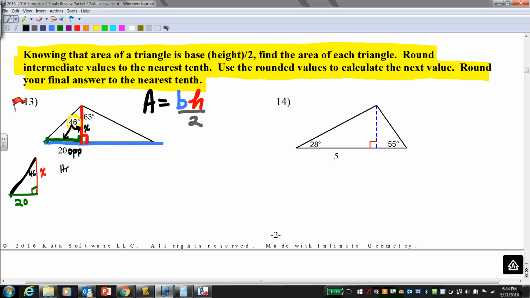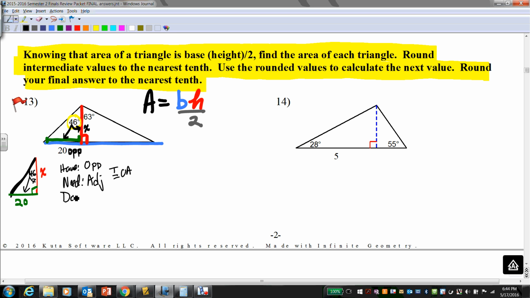We have the opposite side. We need the adjacent side. We have an OA combo, OA. That goes with TOA.